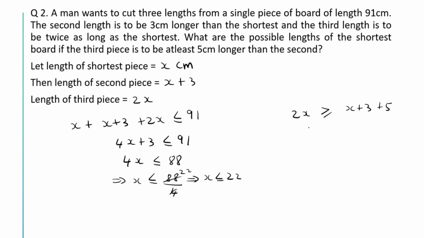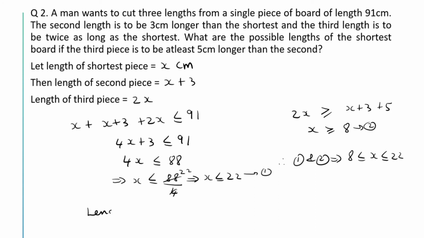So from here we have x greater than or equal to 8. So from the first and the second inequality we have, therefore 1 and 2 imply 8 less than or equal to x less than or equal to 22.